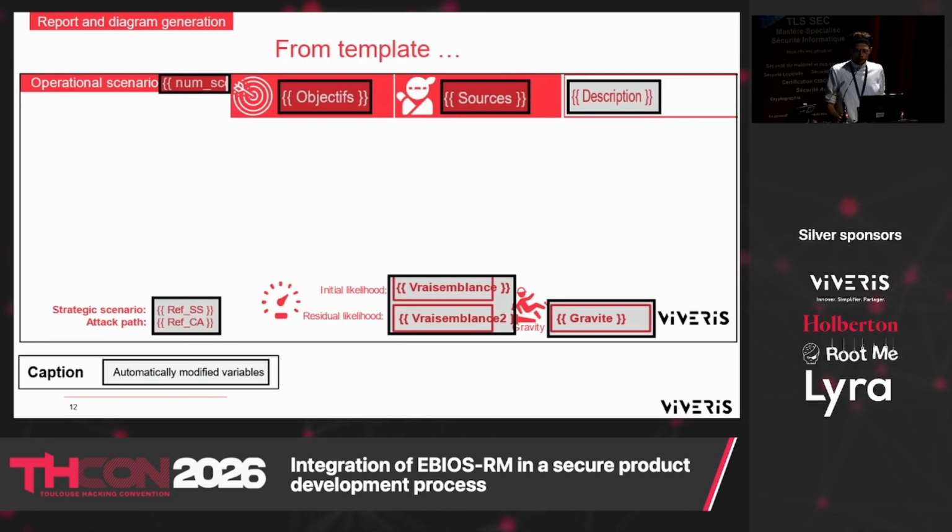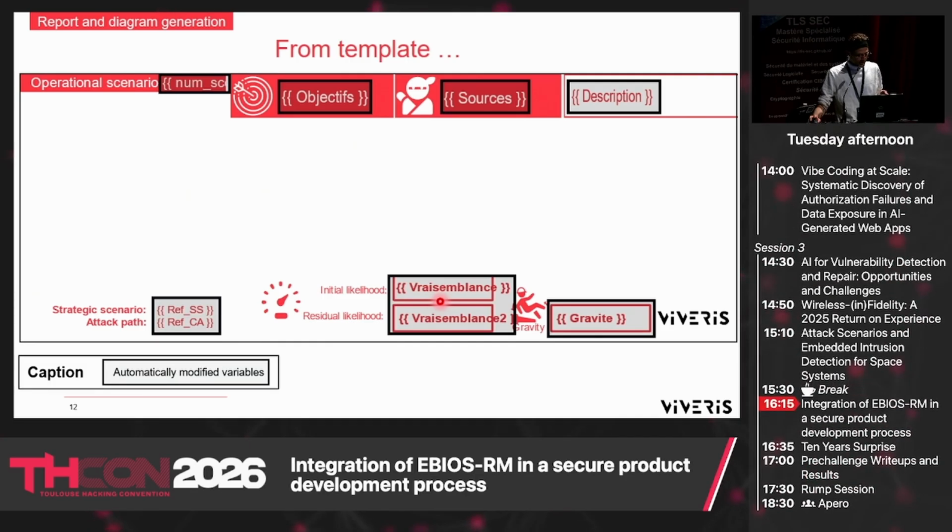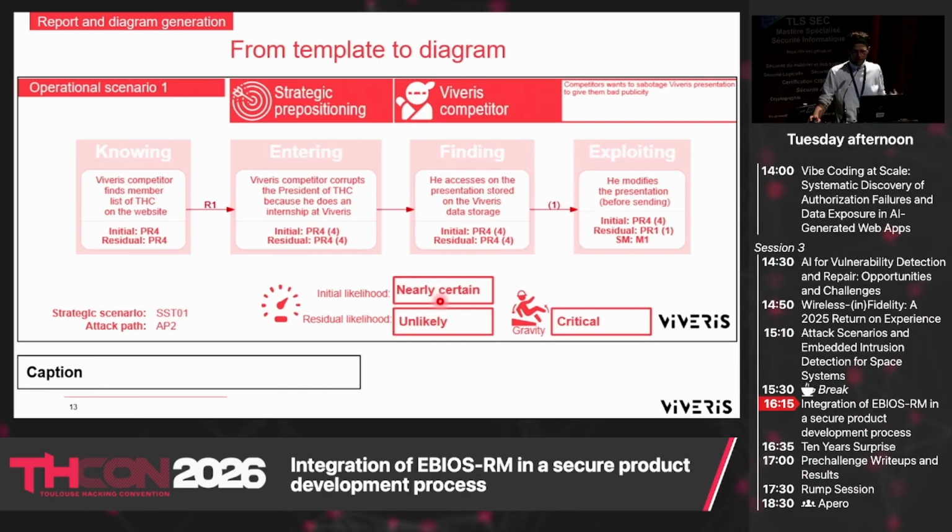We started from a template. We can change the logo, the colors, the design, and we have some variables shown in black boxes, and these variables will be automatically completed, as we can see in the results.